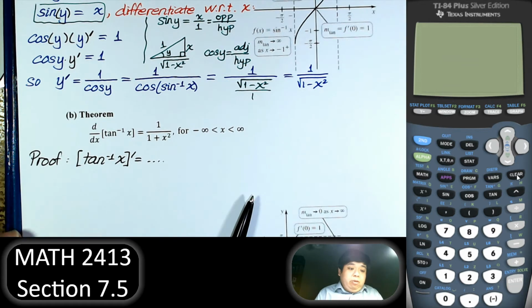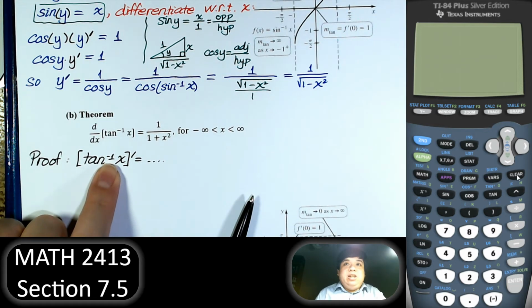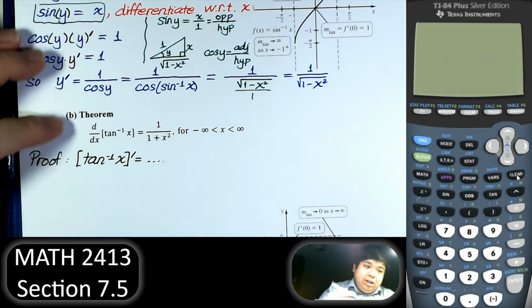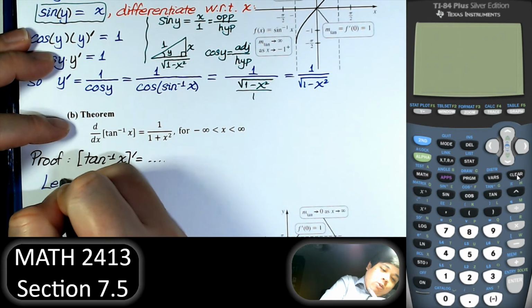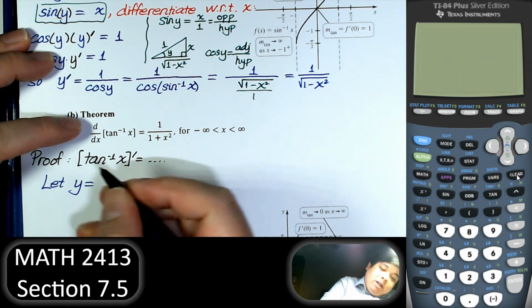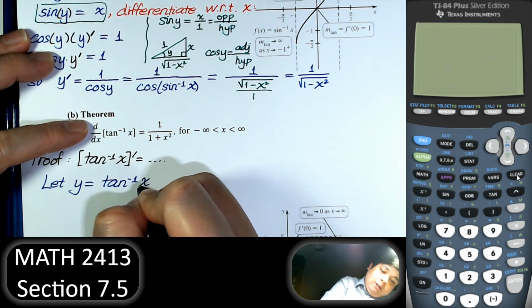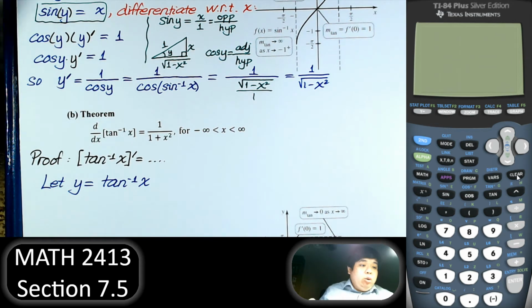So before we do that, let y equal tangent inverse of x, and then we just find y prime. Then we will take the tangent on both sides to cancel the tangent inverse.